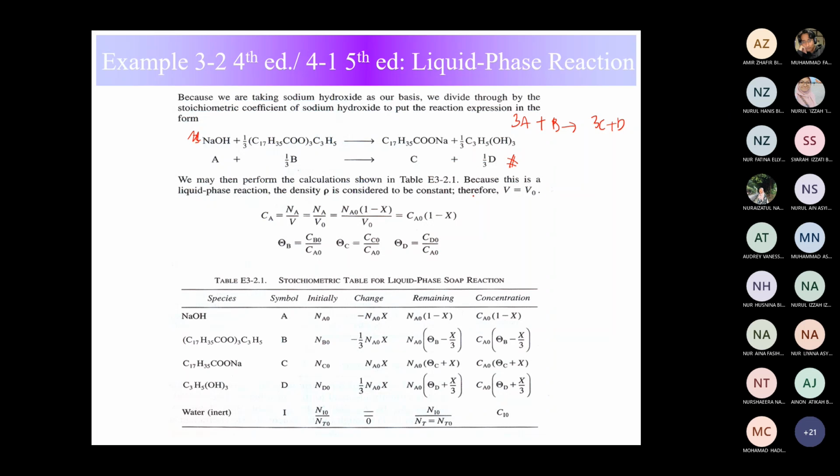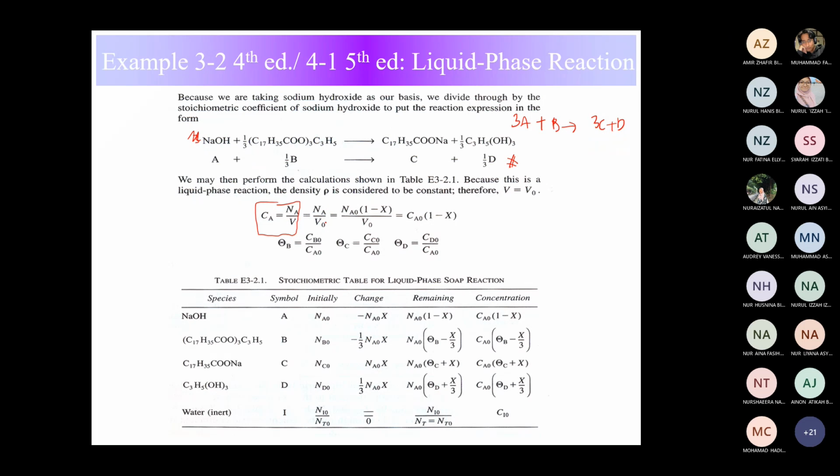Okay, so from here we assume that it is a liquid phase reaction whereby the volume is constant, so that you can convert the number of moles into concentration. Okay, so basically CA is equal to NA over V, right? Remember, this is the basic equation. And we have NA over V naught.